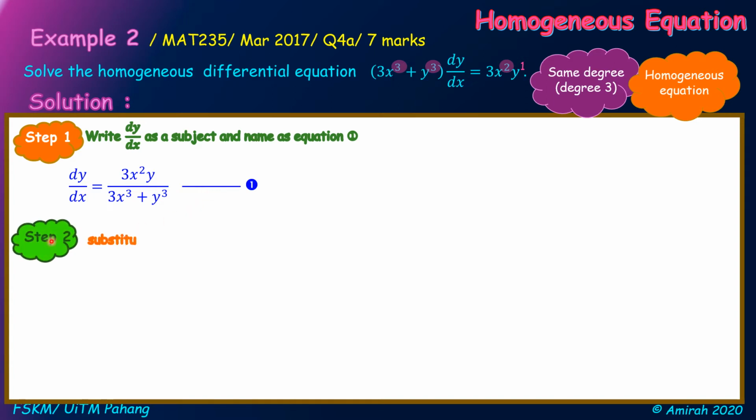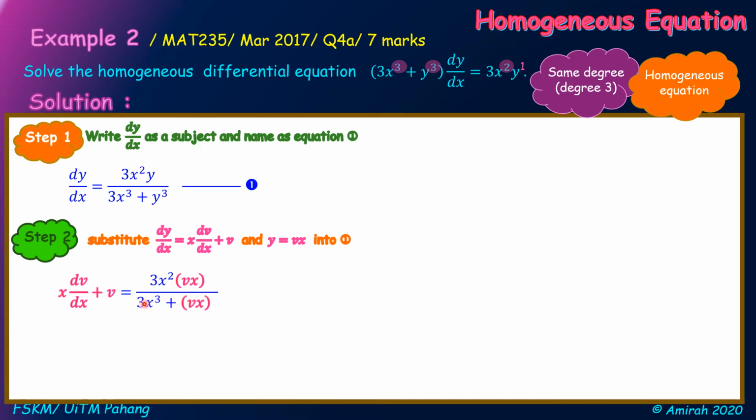Step 2, we substitute dy/dx equals x dv/dx plus v and y equals vx into equation 1. Then we get this. We replace dy/dx with x dv/dx plus v, and we replace y with vx, and y in the denominator also equals vx.